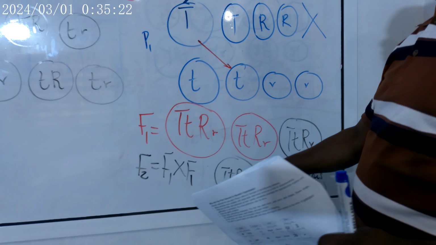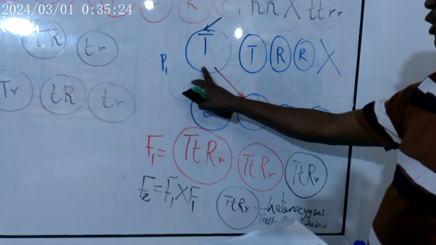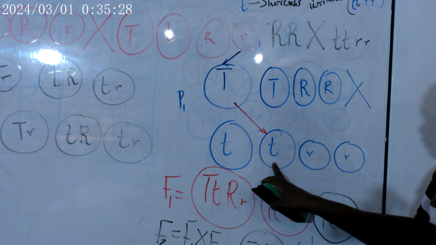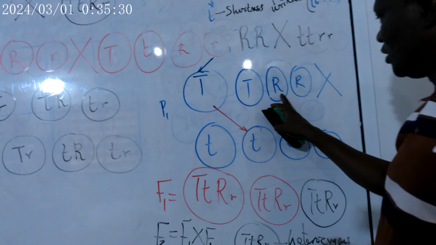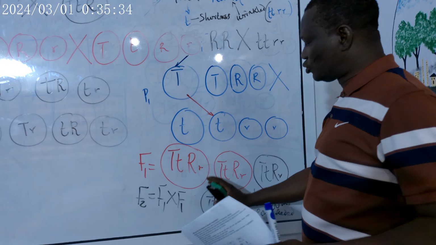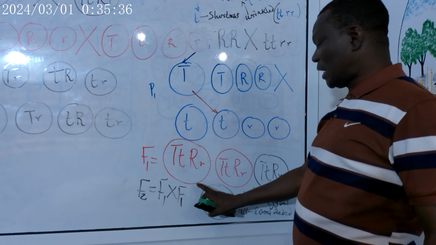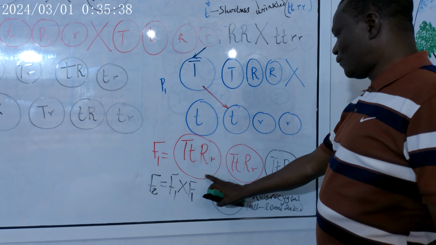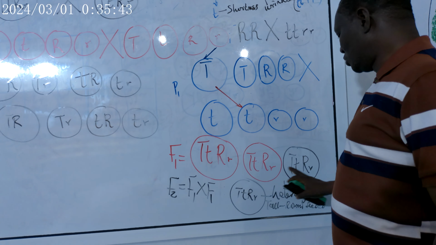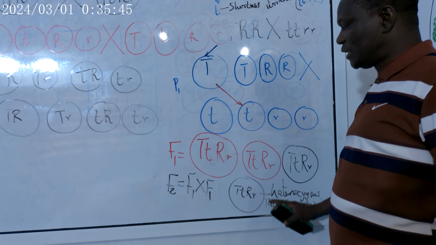You pick this one, then you cross it with the second of it. We are going to do that in 4 places. And that's why the F1 generation is this one, in 4 places, which is heterozygote.